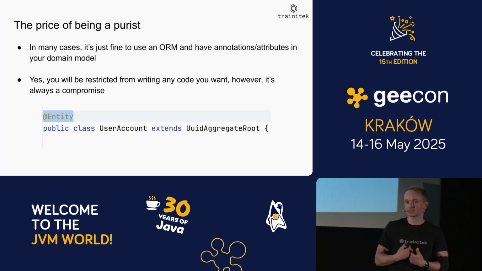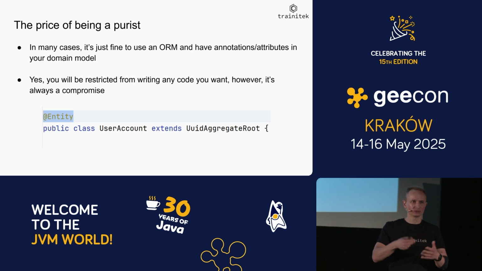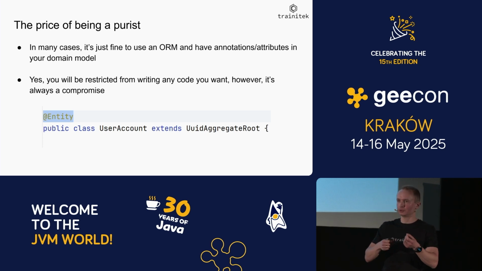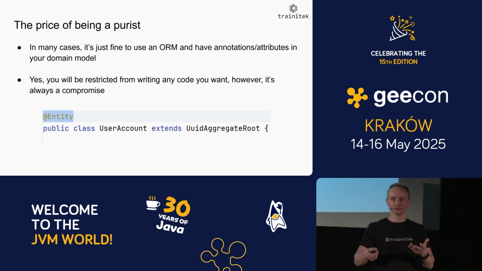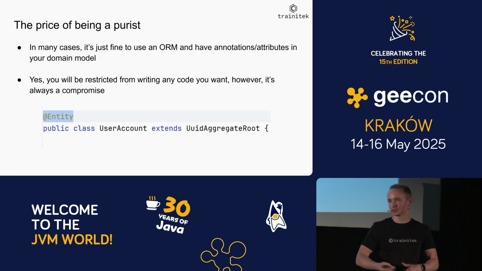Some ORM frameworks or other frameworks may restrict you from doing all the things you want, for example, having some interfaces in your domain model and different implementations. So sometimes it's impossible to do this mapping. However, sometimes it's okay just to pay this price. Just consider this price of being a purist.